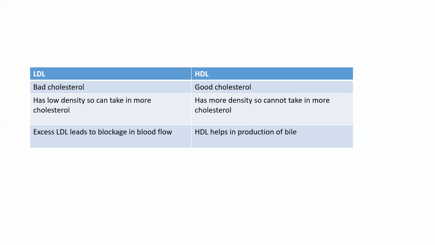Excess LDL in our body leads to plaque formation in the arteries, which restricts the blood flow to various organs, causing life-threatening diseases, majorly cardiovascular diseases, right? HDL helps in the production of bile, which helps to break down fats, whereas LDL helps in fat formation.